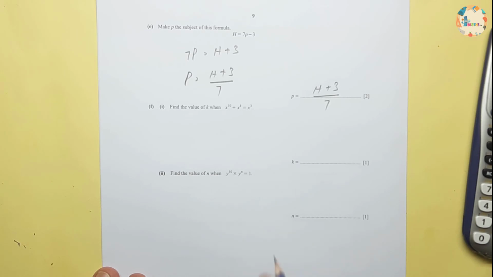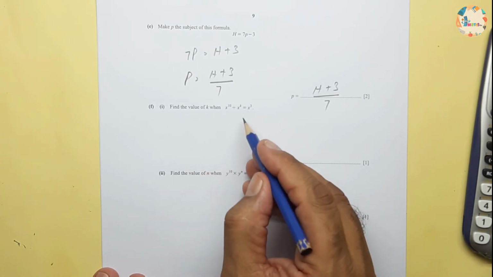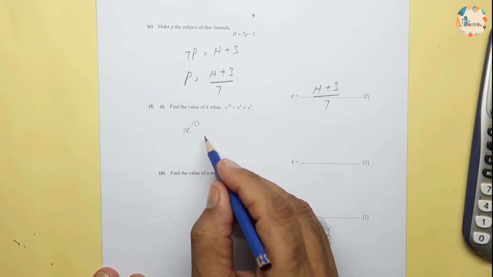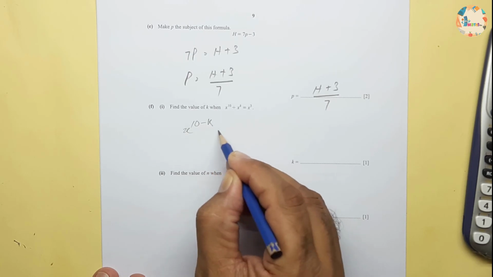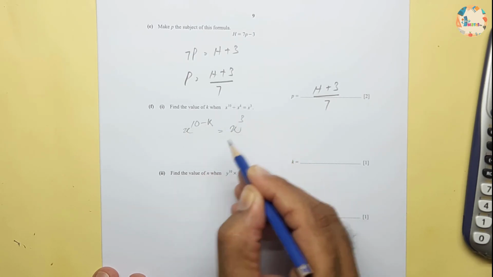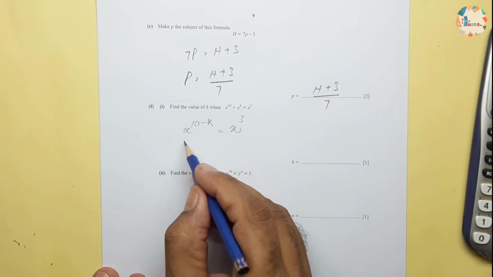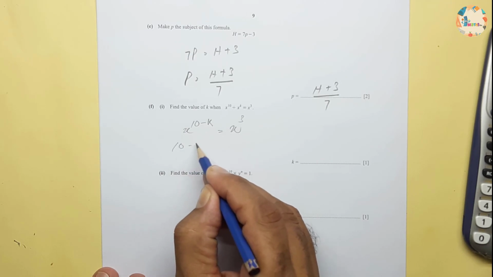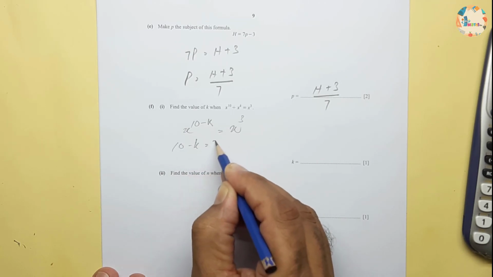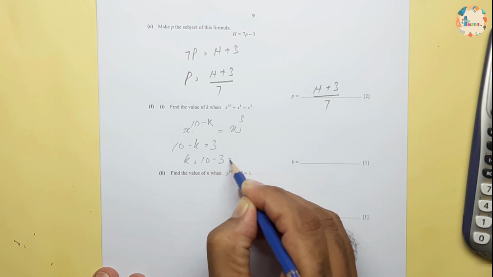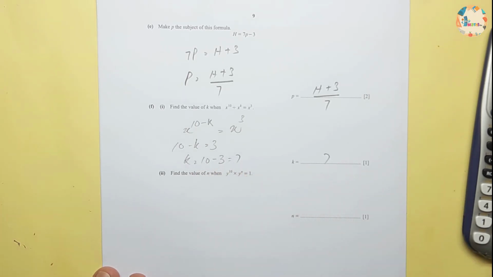Then next is find the value of k, and this is x raised to the power 10 over x raised to the power k. Because this is division, we can write 10 minus k will be equal to x raised to the power 3. So we can ignore the bases because they are same. So 10 minus k will be equal to 3. So k will be equal to 10 minus 3, which is equal to 7. So answer will be 7.